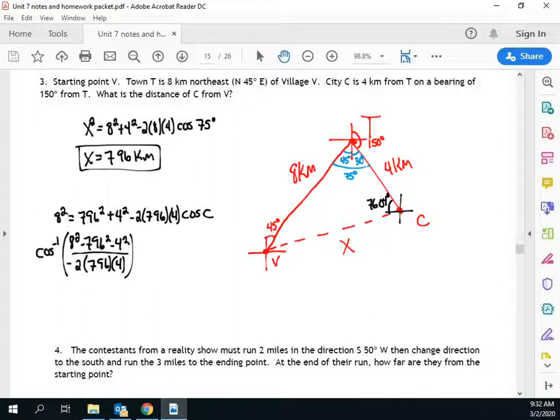You can't do that. You can't switch from law of cosine to law of sine. You get answers that are off. So if you started with law of cosine, you have to stick with law of cosine to finish off the triangle.